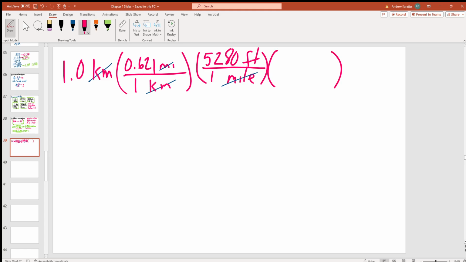And finally, in our last step, we'll convert from feet to inches, now putting feet on the bottom so that it cancels. And once we go through the math, not surprisingly, we get the exact same answer as on the previous calculation.